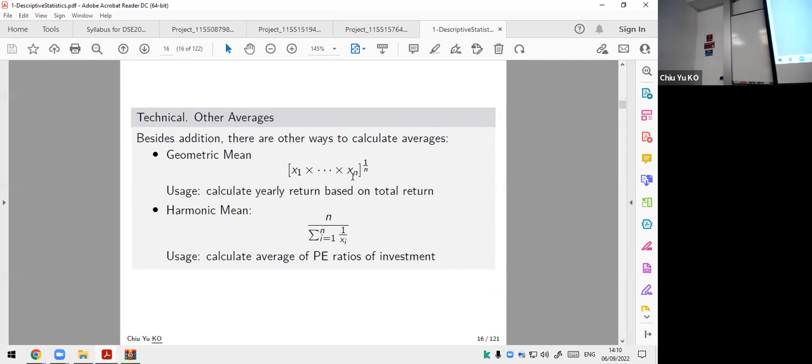When you have compound interest, you shouldn't use the simple average we have done; you should use the geometric average. And the harmonic mean is somewhat not very simple to see in the notation.